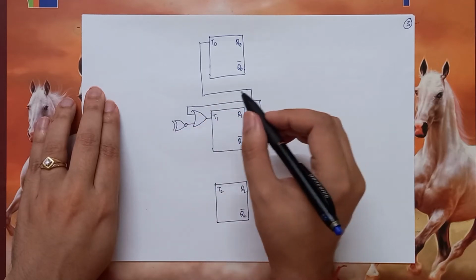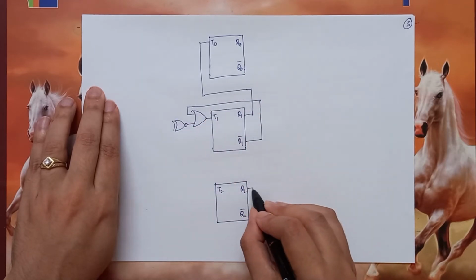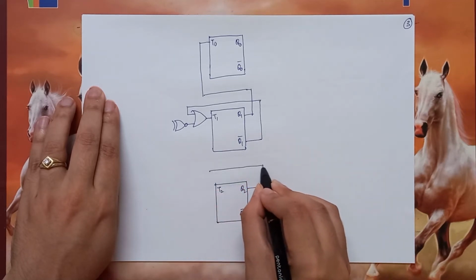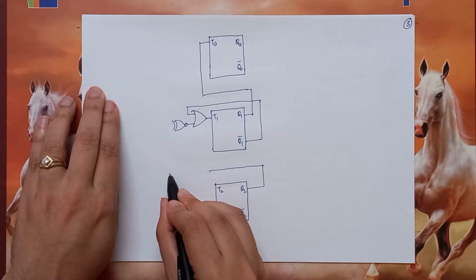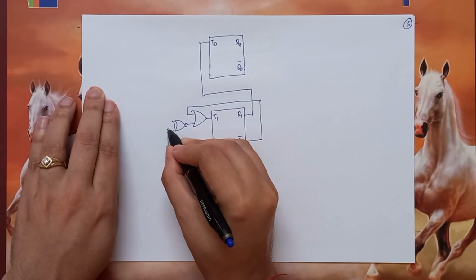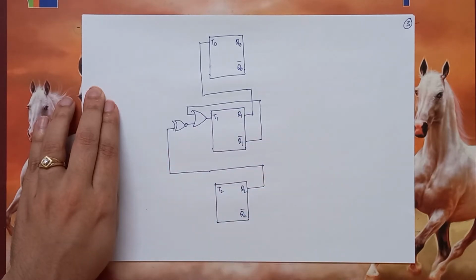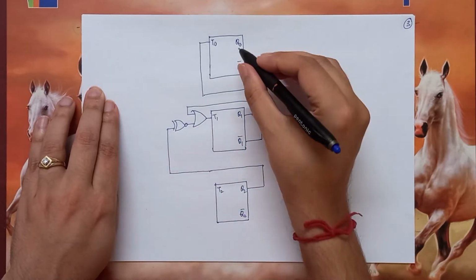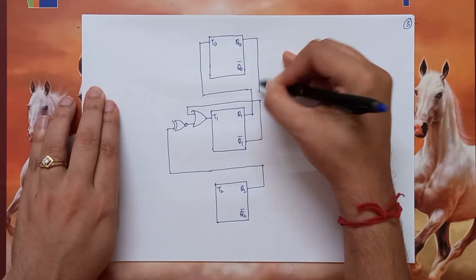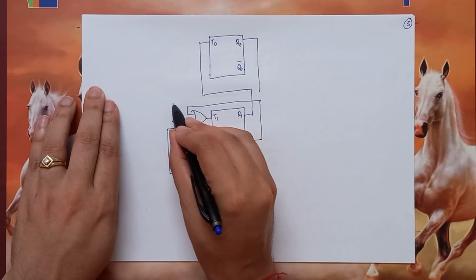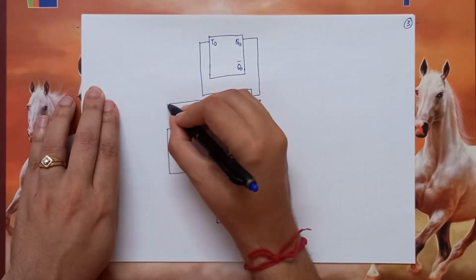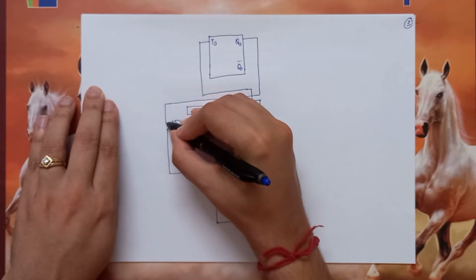So over here it will be Q2 and Q0. I'm showing the whole diagram just so that you can get a feel of what such kind of logic circuits look like in practice.